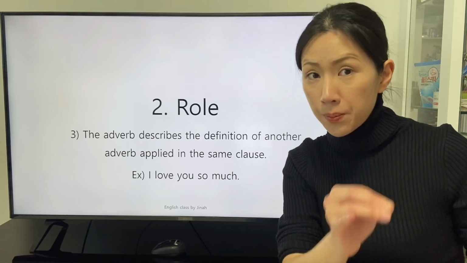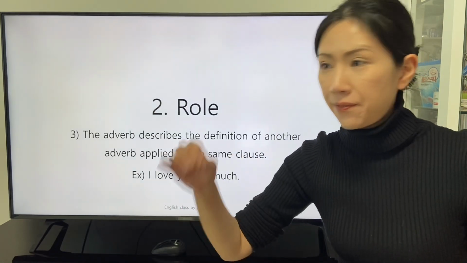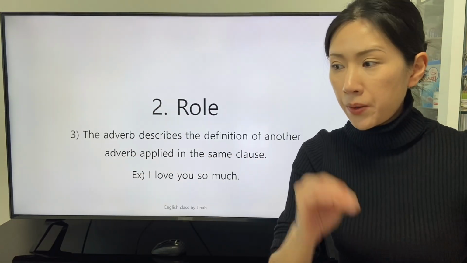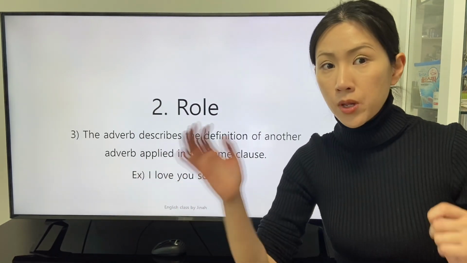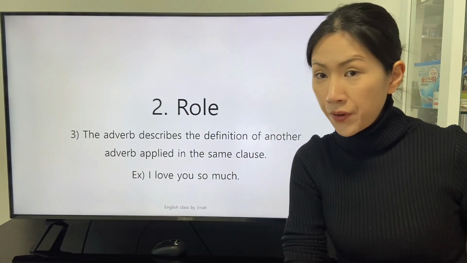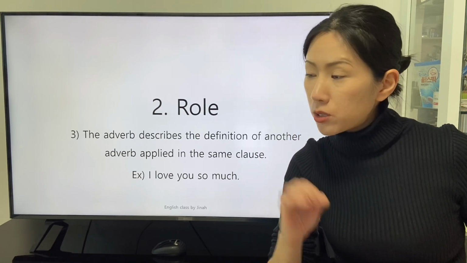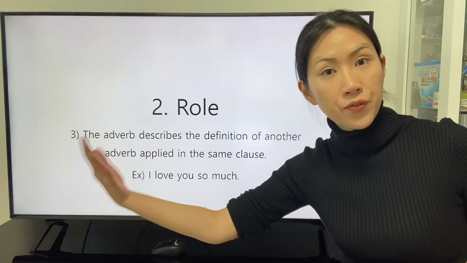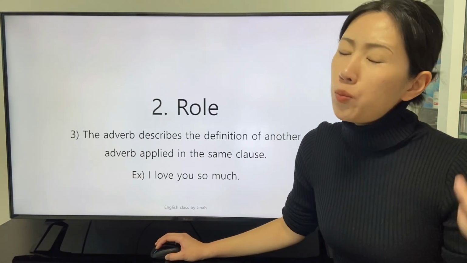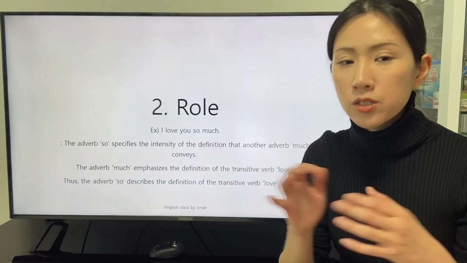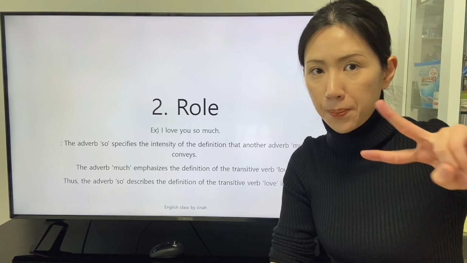Because an adverb is also a descriptive word and the adverb describes the descriptive word, an adverb is able to describe another adverb. There is a clause, I love you so much. In this clause, there are two adverbs.